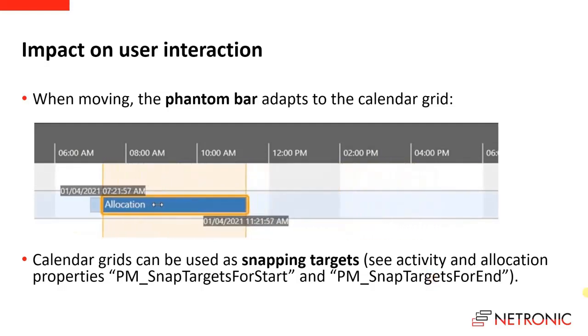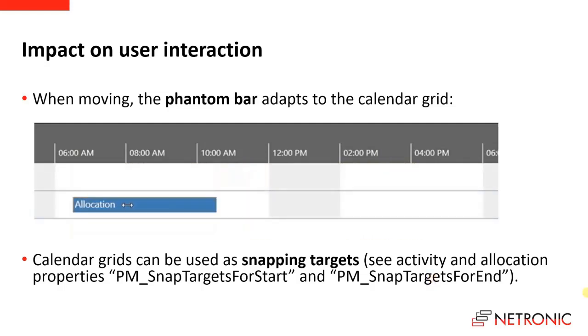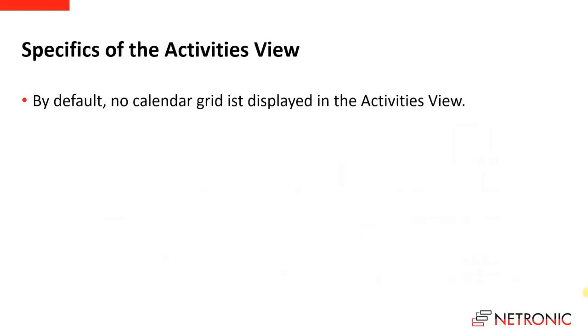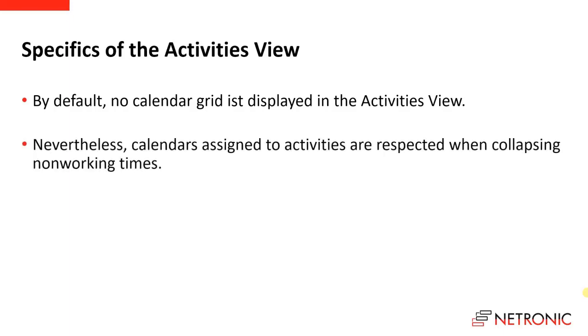Till now, our focus has been on the resources view, but of course, you can also use the calendars in the activities view. By default, there's no calendar grid displayed in the activities view. But nevertheless, you can assign a calendar to an activity, and these calendars are respected when you collapse the non-working times.